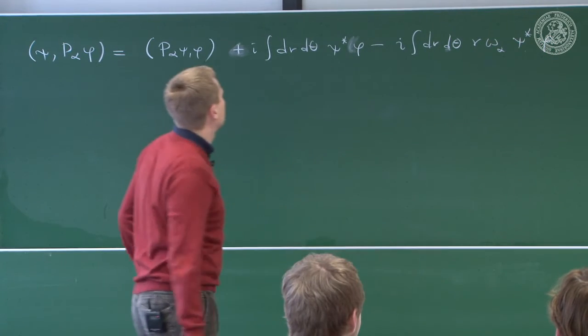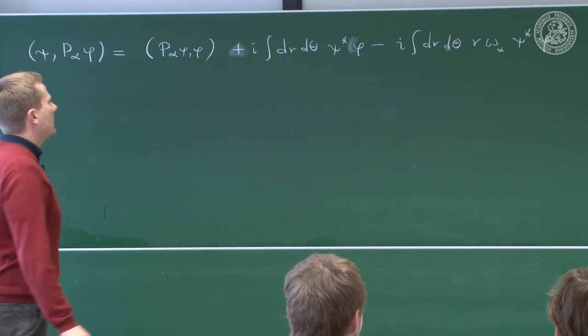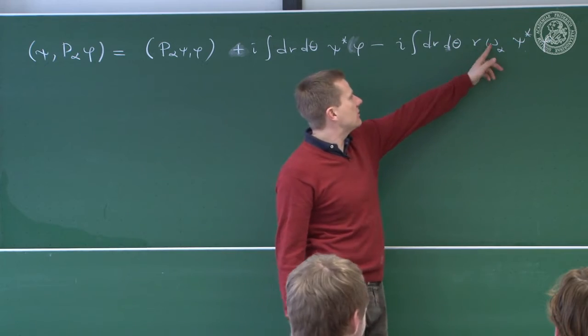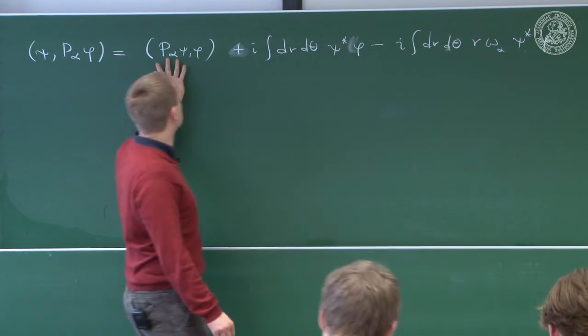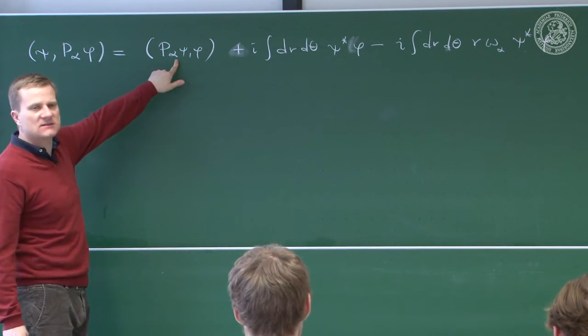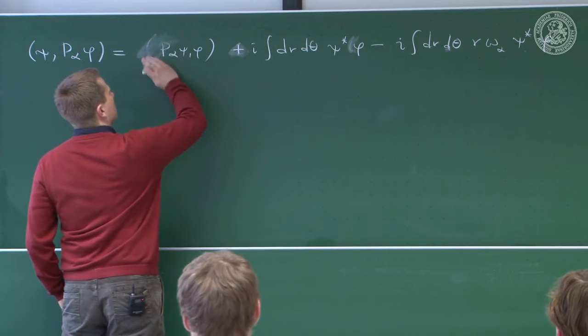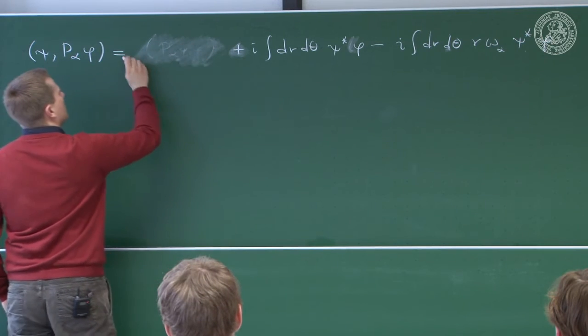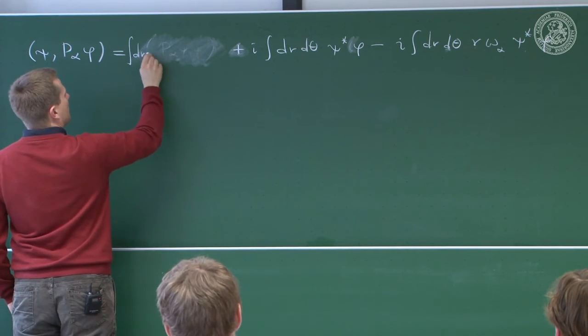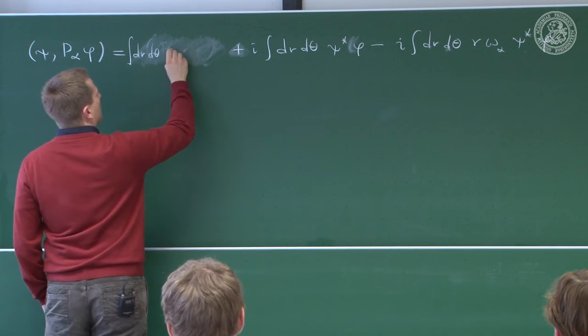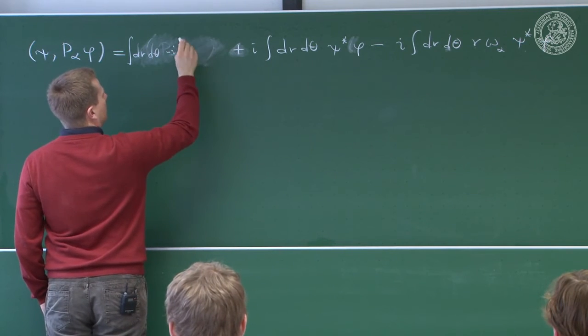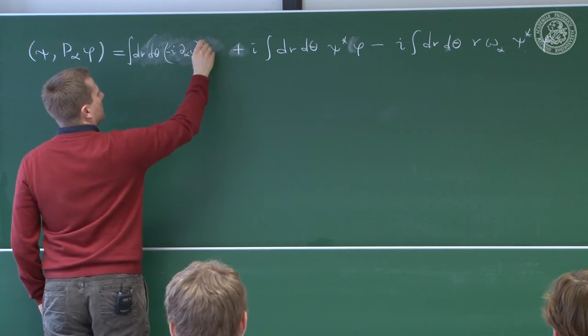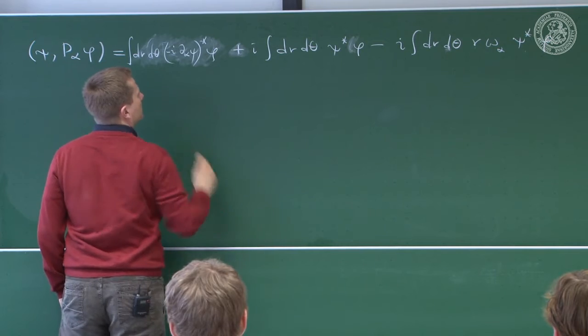Exactly. So this is what we had, and I asked you how to match the omega such that this cancels and this remains. The problem is this term I got from another term that was written there before, and that was the integral of dr d theta minus I del alpha psi star phi.